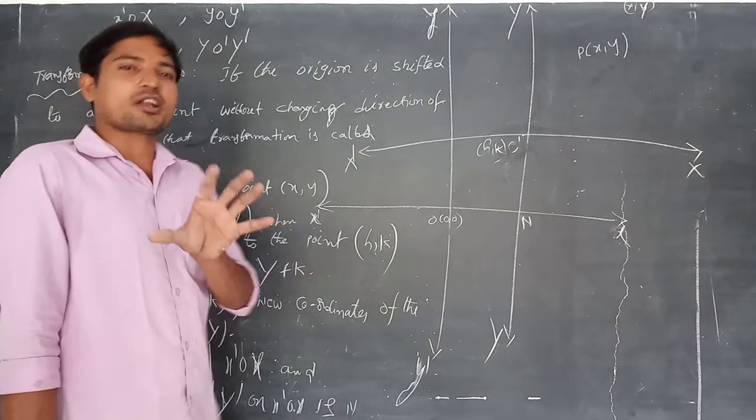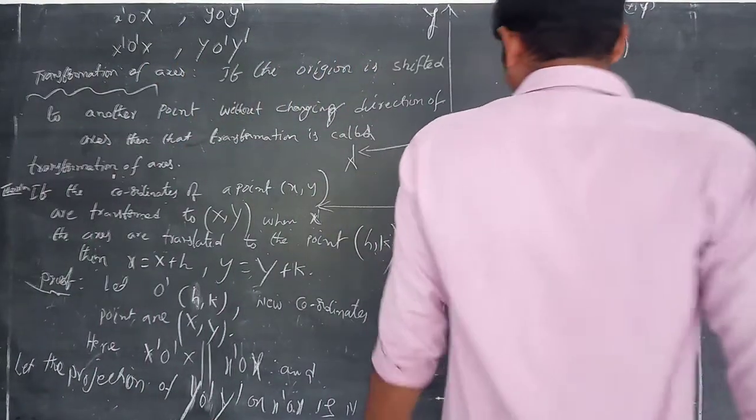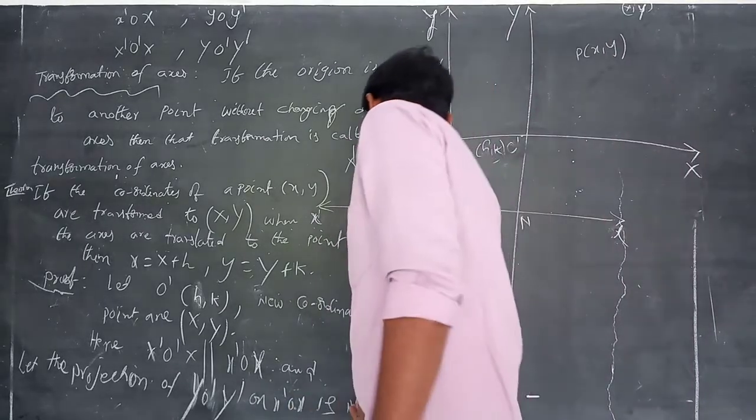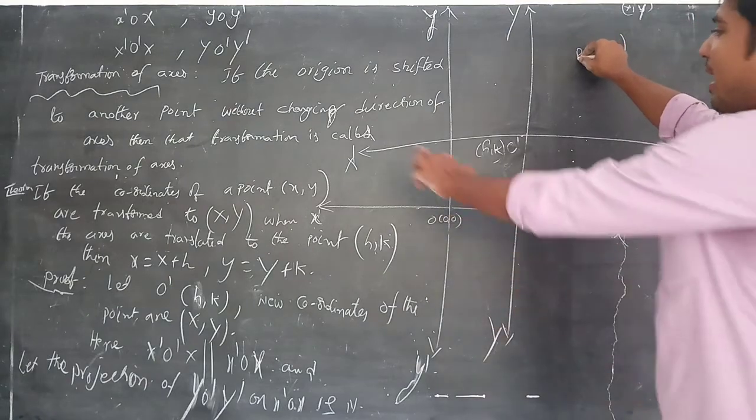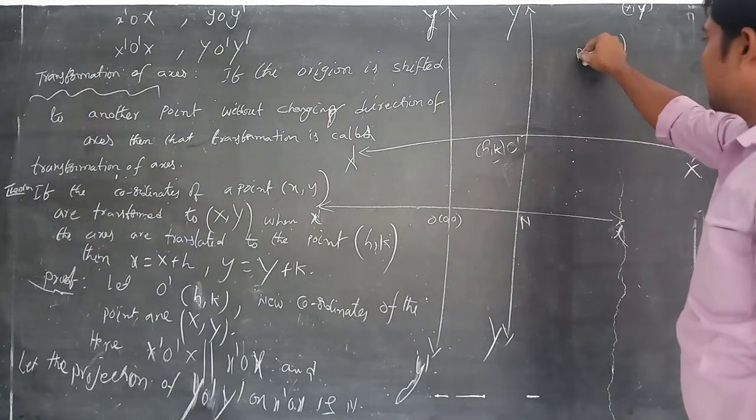So projection means nothing but a perpendicular is n, and the projection of P on x dash o dash x.